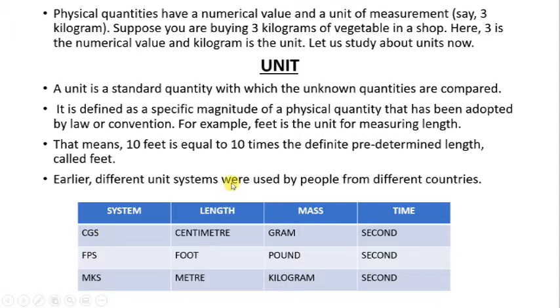In CGS system, the unit of length is centimeter, unit of mass is gram, unit of time is second. In FPS system, the unit of length is foot, the unit of mass is pound, and the unit of time is second. In MKS system, the unit of length is meter, the unit of mass is kilogram and the unit of time is second.